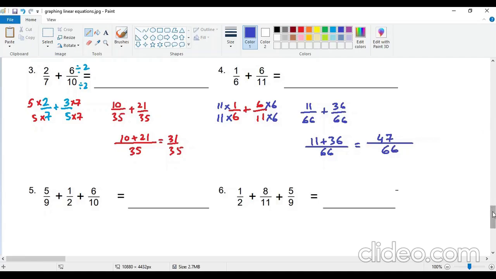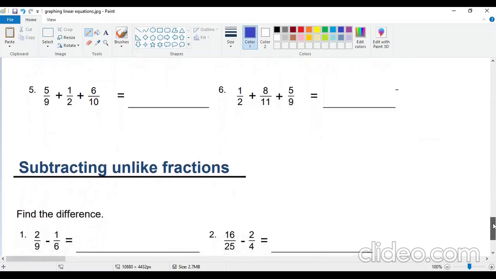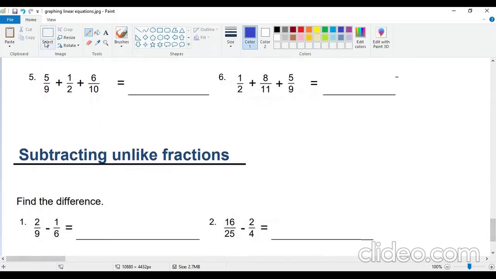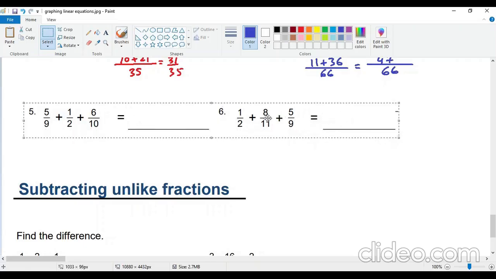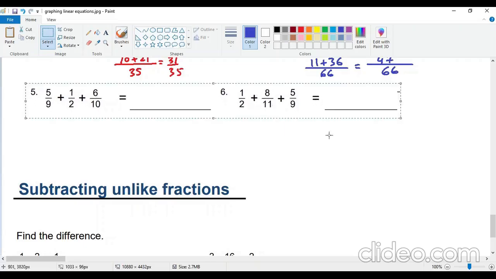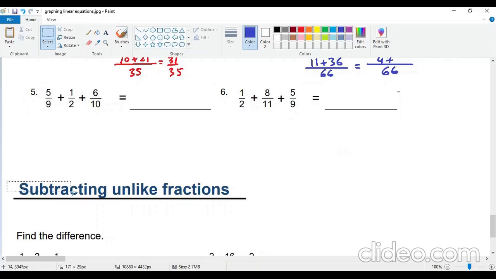Proceeding for the next one, I have used 3 fractions to work with. I'll pull this little up to get little space in it.